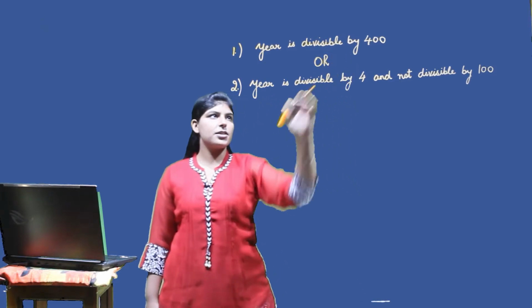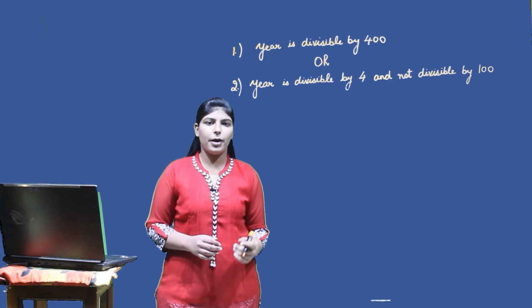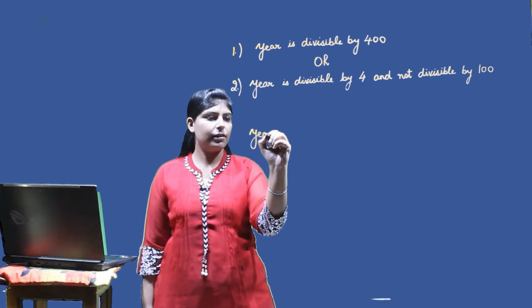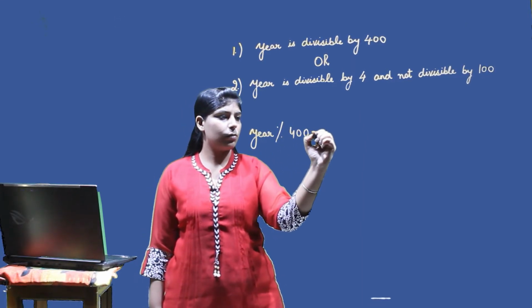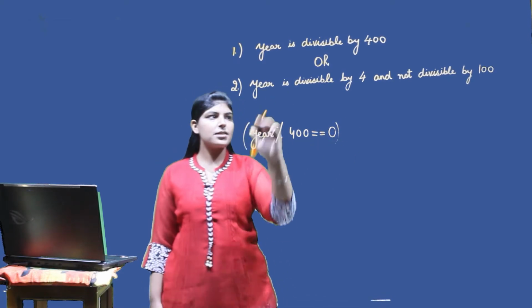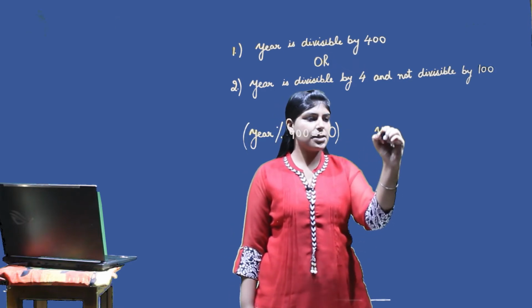So how do we write the first condition? It is divisible by 400 means if I divide the year by 400, I will not get any remainder. So if I divide the year by 400, the remainder will be 0. So this is the first condition. The next condition is if I divide the year by 4, the remainder should be 0.